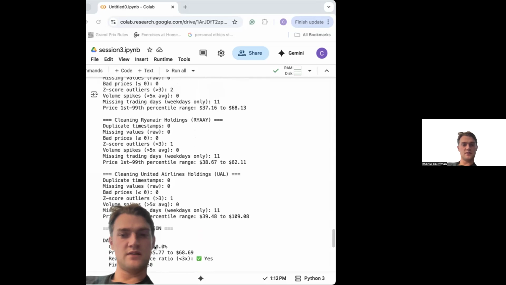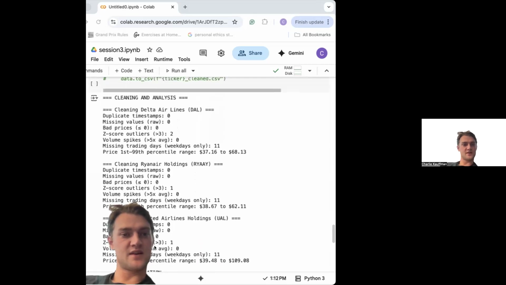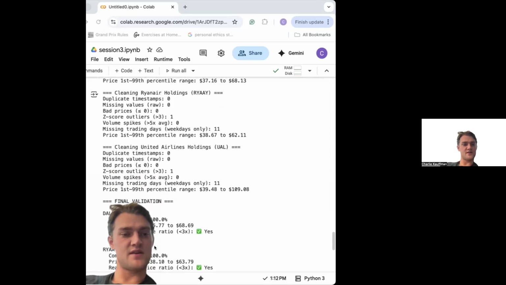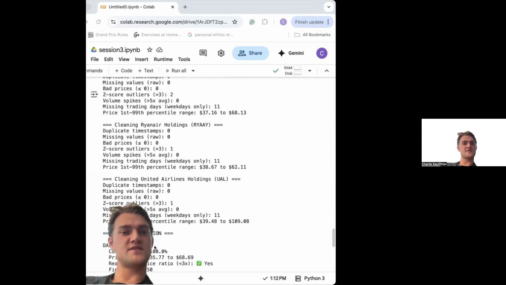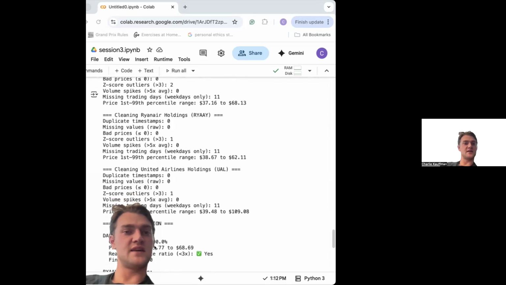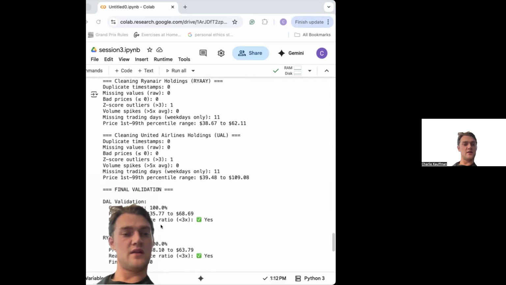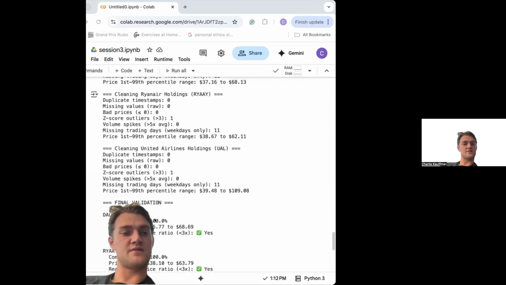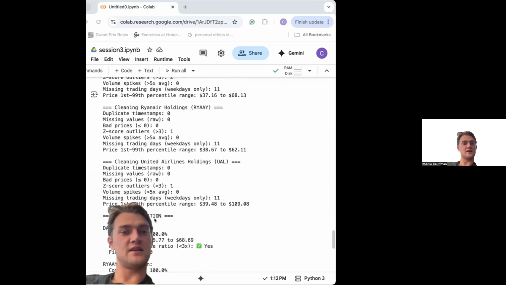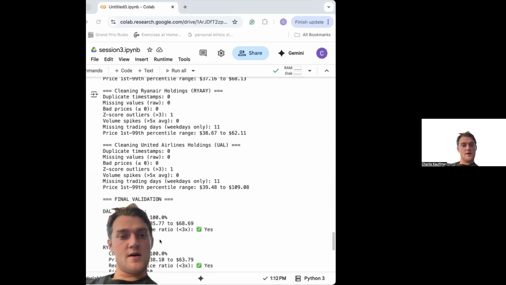So Delta here went from 37.16 to 68.13, and then it went tighter to 35.77 to 68.69. Is that really tiny? Oh, it got wider. Sorry.